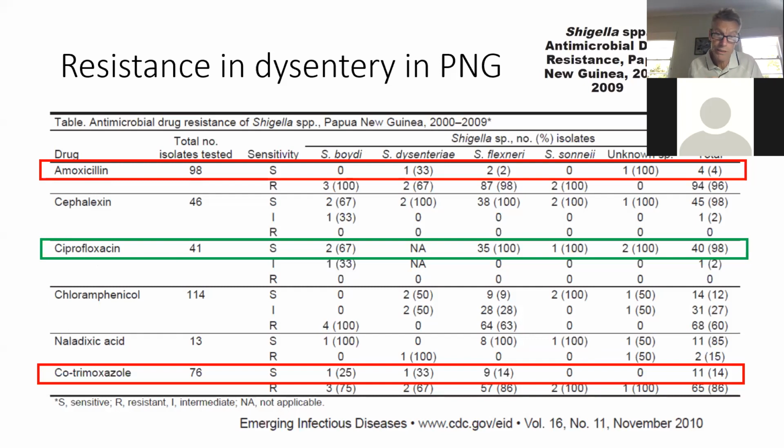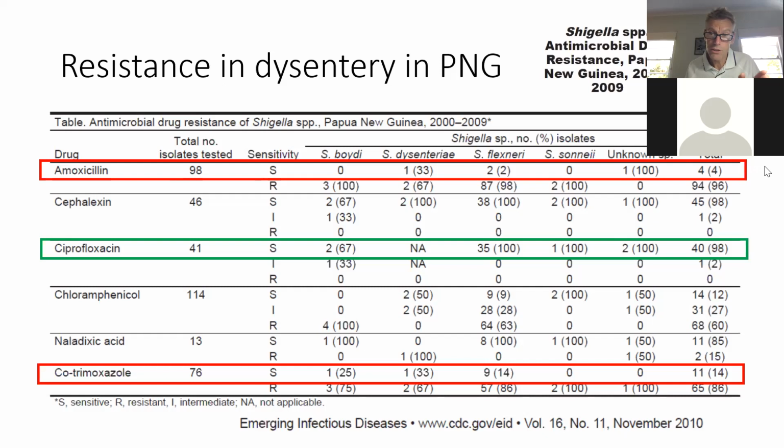Otherwise, the problem will be that the Shigella that causes most of the dysentery will develop resistance to ciprofloxacin, and also we need to preserve the use of ciprofloxacin for MDR-TB, of course.